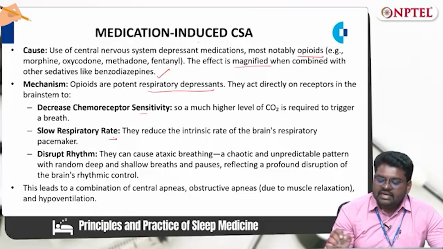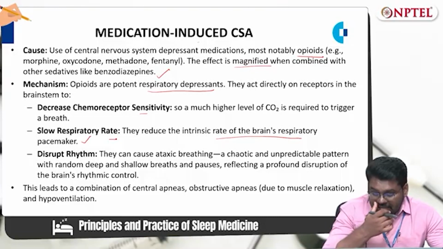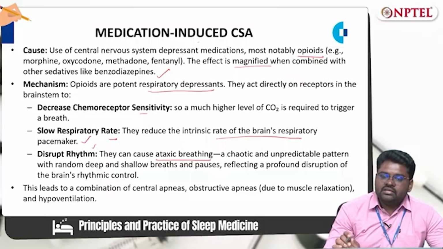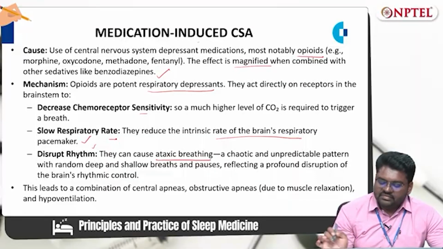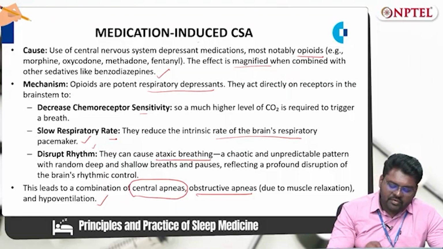They reduce the intrinsic rate of the brain's respiratory pacemaker, so the respiration rate will be decreased. Then they disrupt rhythm. They can cause ataxic breathing. So breathing will be affected. This leads to a combination of central apneas, obstructive apneas due to muscle relaxation, and hypoventilation.